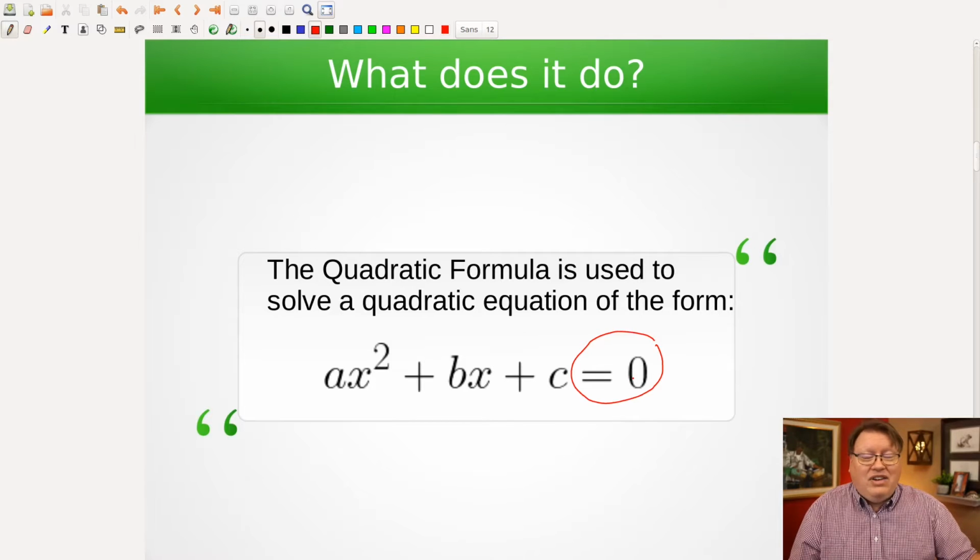I cannot have anything on the right-hand side of that equation other than 0. If I do, I cannot apply the quadratic formula. So anything that sits to the right of the equal sign must be moved to the left-hand side of the equation before you apply the quadratic formula, okay?